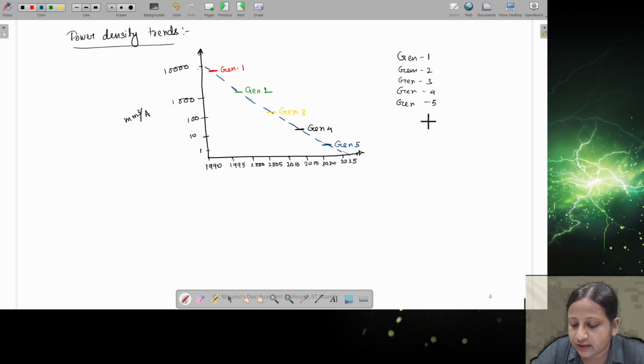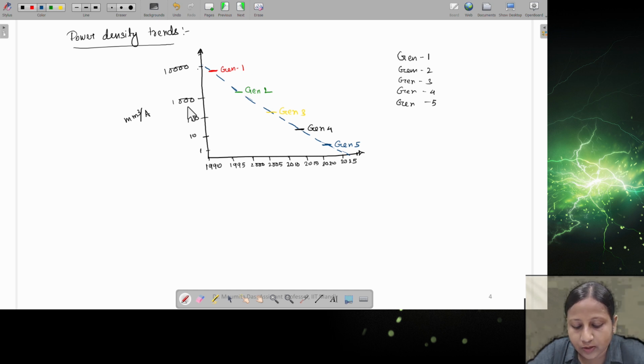Now recently we are using generation 5 semiconductor devices, and that allows us to have a very small size, 1 millimeter cube per ampere. Earlier it was close to 10,000 millimeter cube per ampere. So that much space was used for that much current processing.